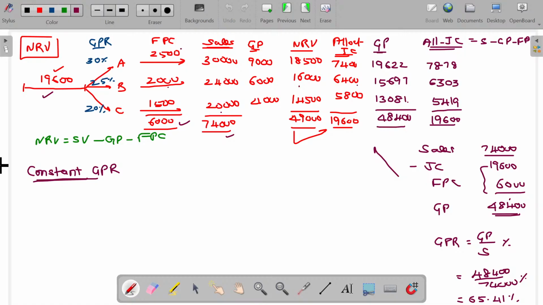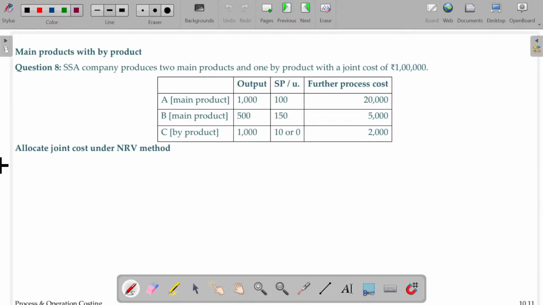Allocation of the costs to the main product as well as byproduct. In case of byproduct, how can we handle it? Now, main products with byproduct.